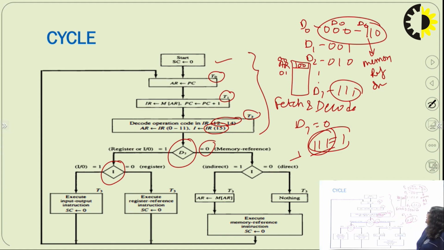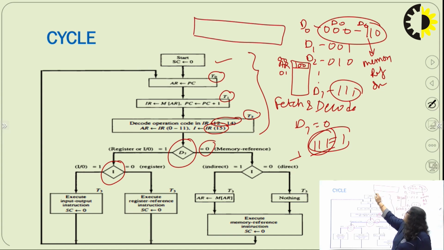It means that it completely depends on these 4 bits. Suppose this is the instruction. This is 0 to 11, that is AR, the address register. Now 12 to 14, this is D0 to D7, the decoding opcode. This is the ith bit, either 0 or 1.